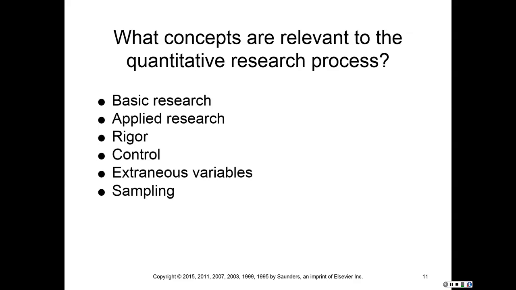So the intervention can be an action, it can be a particular type of teaching, a particular type of drug, okay? And what they're going to manipulate is the type of teaching, right? Or the type of drug, right? And see the effect on some dependent variable.